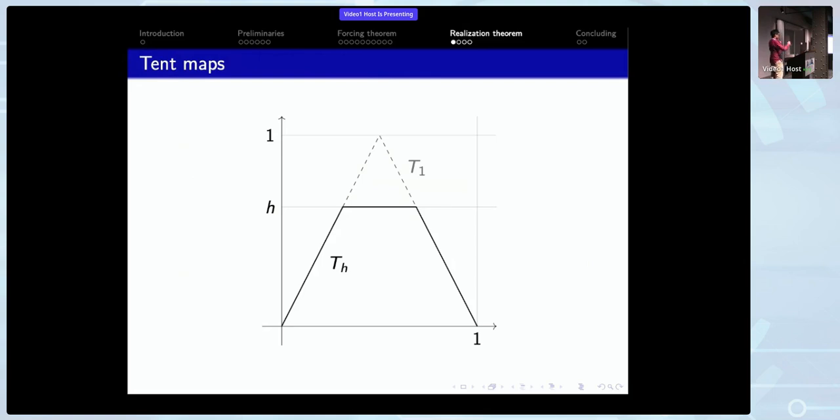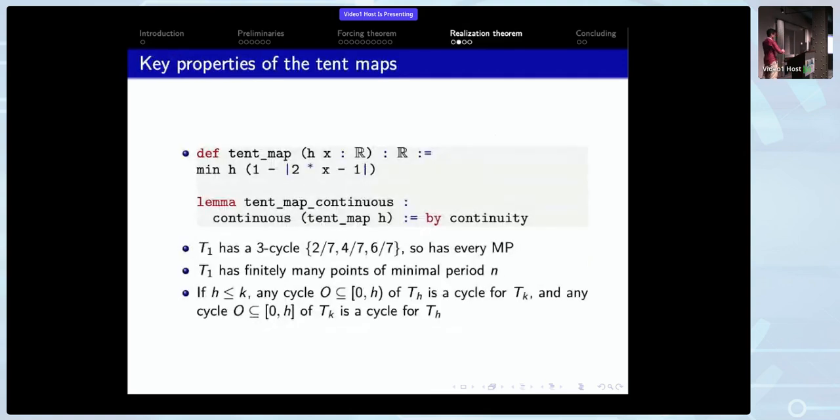And if I decrease, if I have a cycle for k, and all of the points that are in the cycle are below h, then if I reduce k to h, then everything remains a cycle. So essentially, all this is saying is, as you change the parameter, can I control the cycles? That's all this lemma, that part 3, is saying. If my explanation made no sense, that's completely fine. It's just saying, as I change the parameter, where do the cycles go?